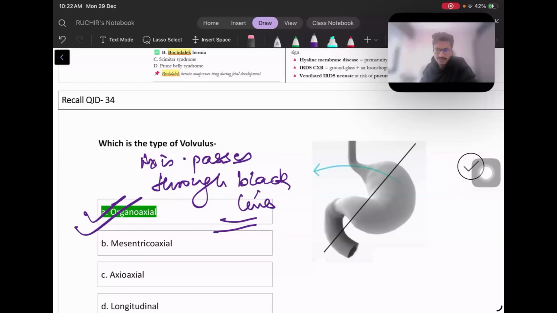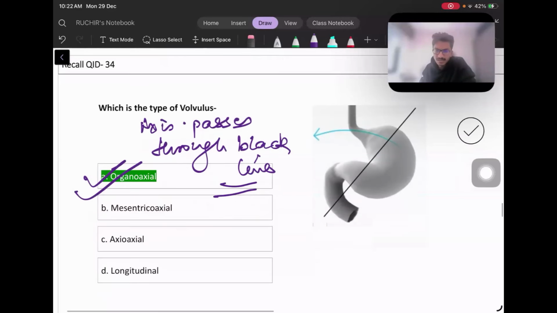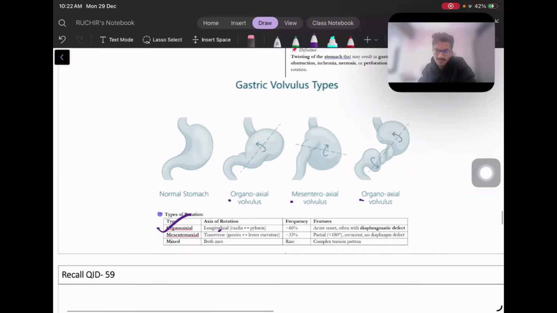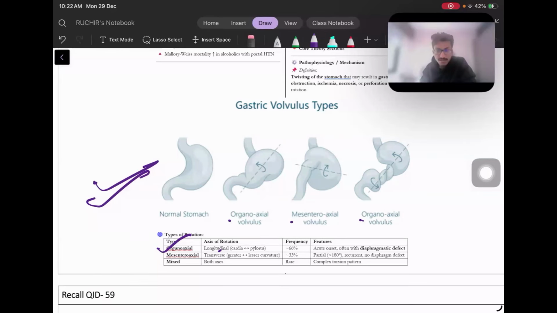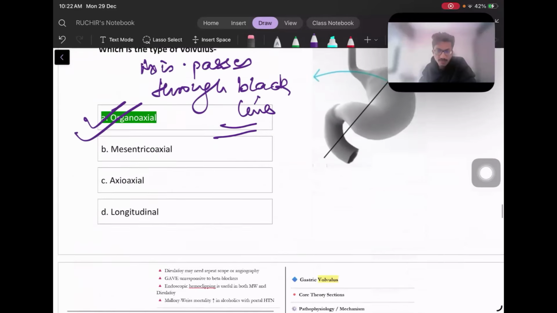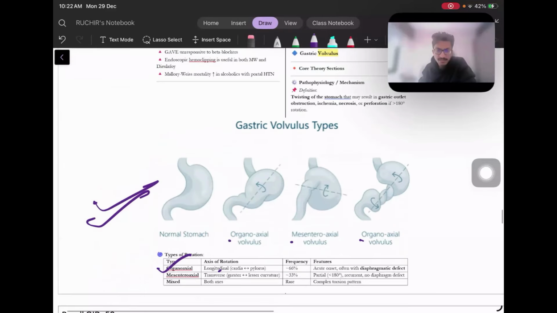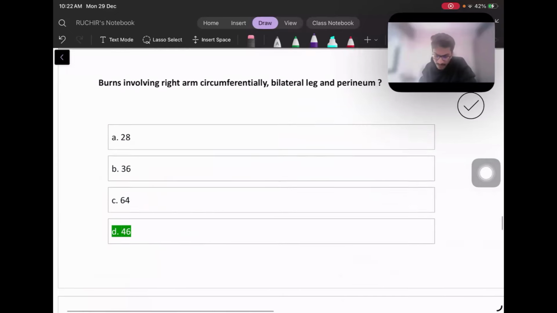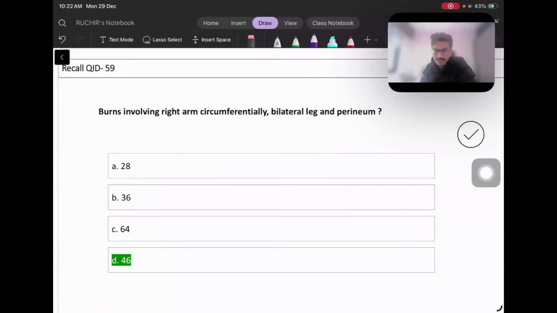I have also mentioned in the visual mastery classes about the incorrect image of the gastric volvulus, and that this is the correct image. We've also mentioned in our notes correctly that it is along the line passing through the cardia and the pylorus. So the answer here is organoaxial. The theory part is correct in Sabiston, but the image is given wrong, which we have pointed out multiple times in all our classes and in the notes also.